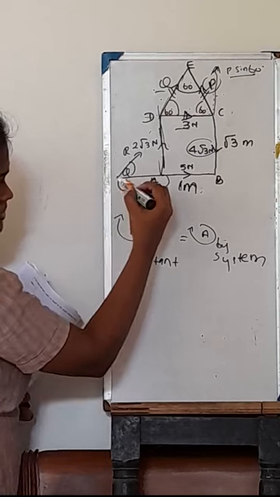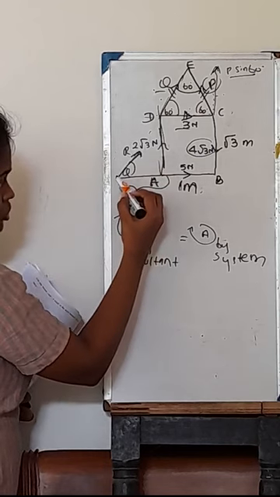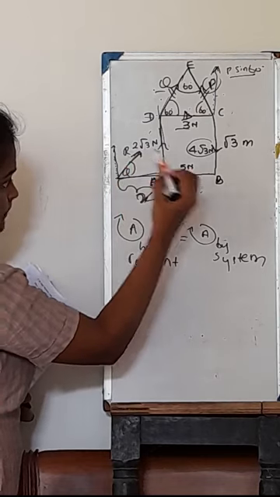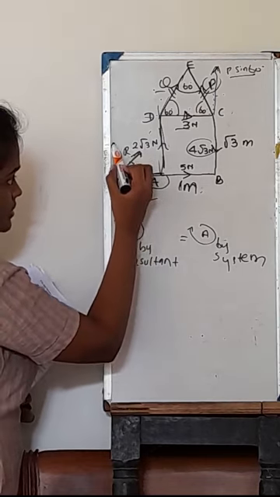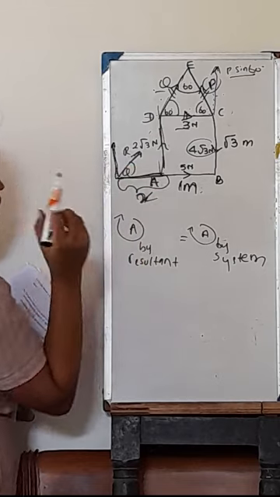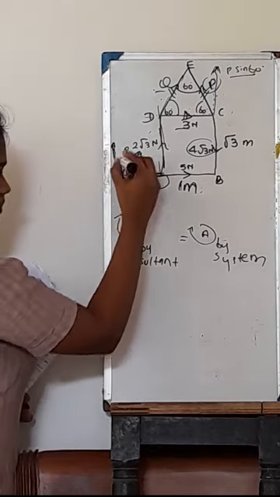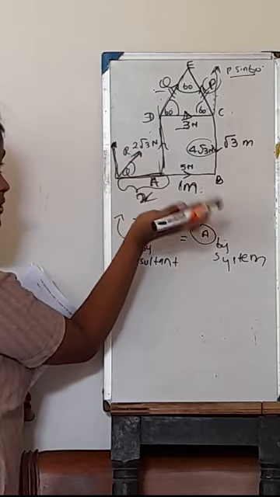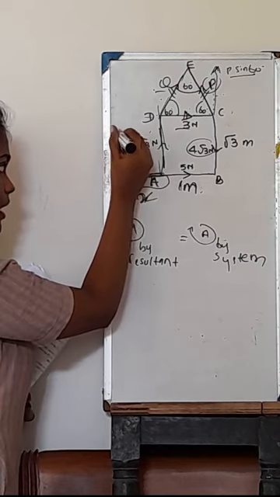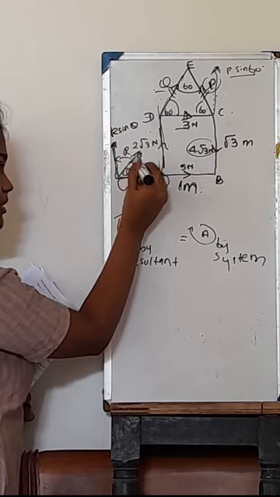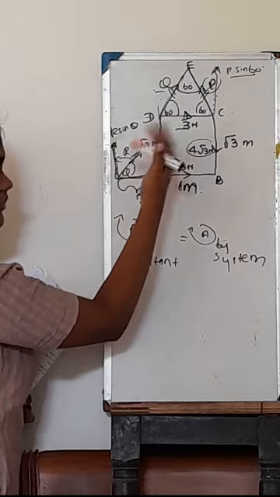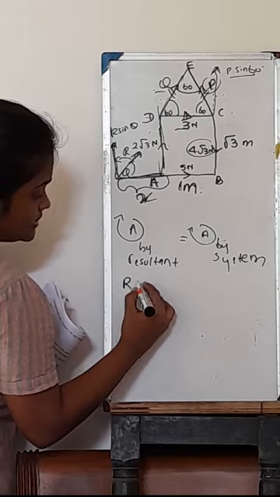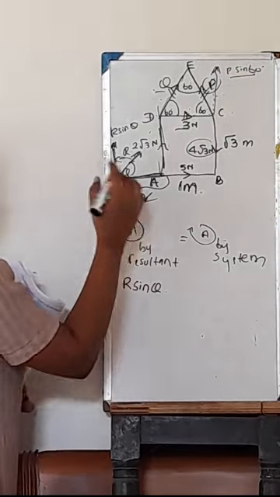So by resultant means this one. So that means resultant is force into its perpendicular distance. So this force into its perpendicular distance. Right? So R, when it's resolved upwards, so that means when it's resolved away from the angle, it's R sine theta. We know theta, but we write R sine theta. So I write R sine theta into this distance.